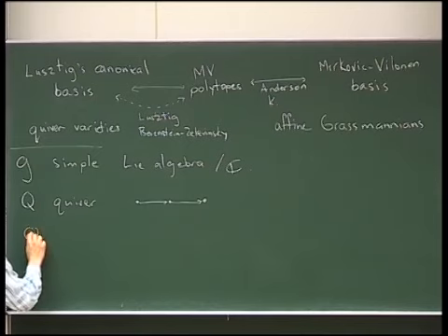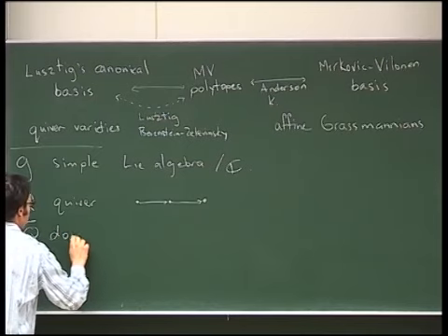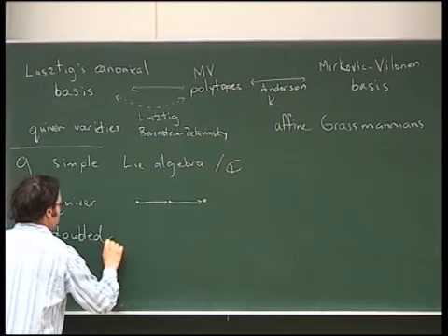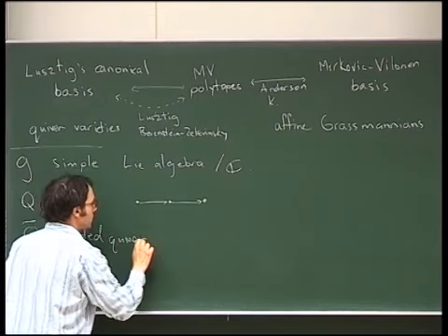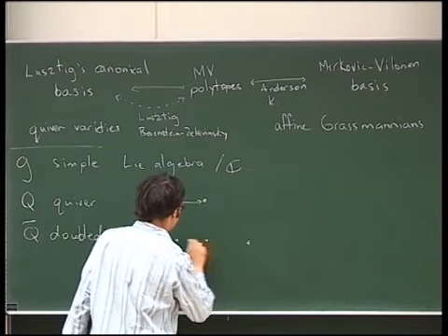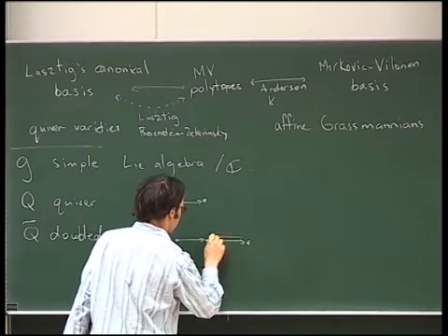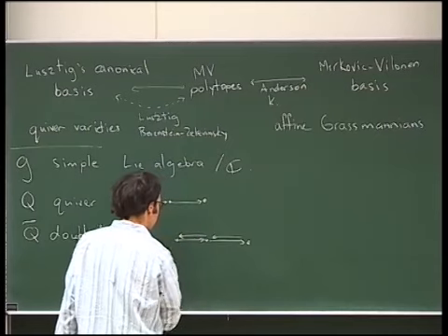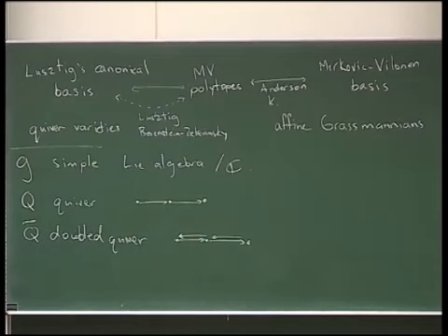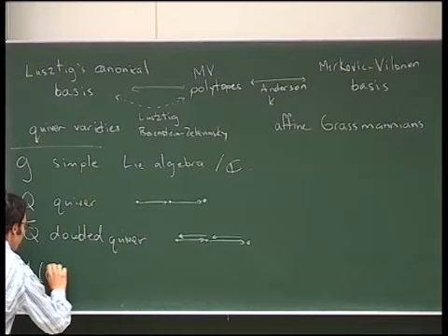Then Q bar will be the doubled quiver, so I just double all my edges. And then I form the preprojective algebra, which I'll call A of Q.